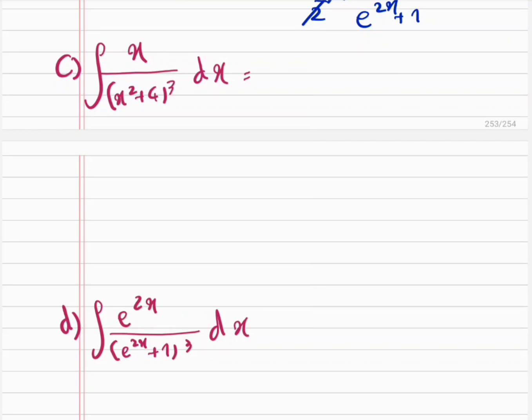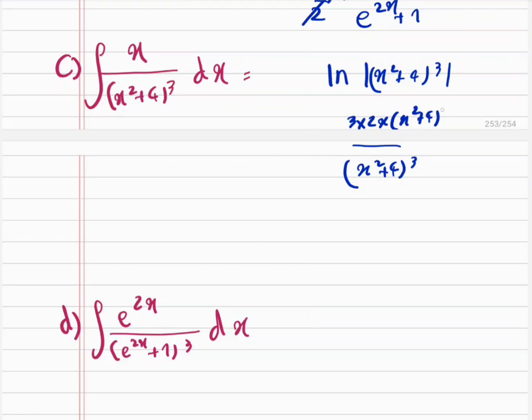And in terms of reverse chain rule, there are mainly two main methods. One is making the educated guess by having the natural log of the denominator, which is not going to work in this case, because if you take the natural log of this and then differentiate, you'll have (x squared plus 4) cubed, and then when you differentiate that, you're going to have 3 times 2x, and then (x squared plus 4) squared and so on.